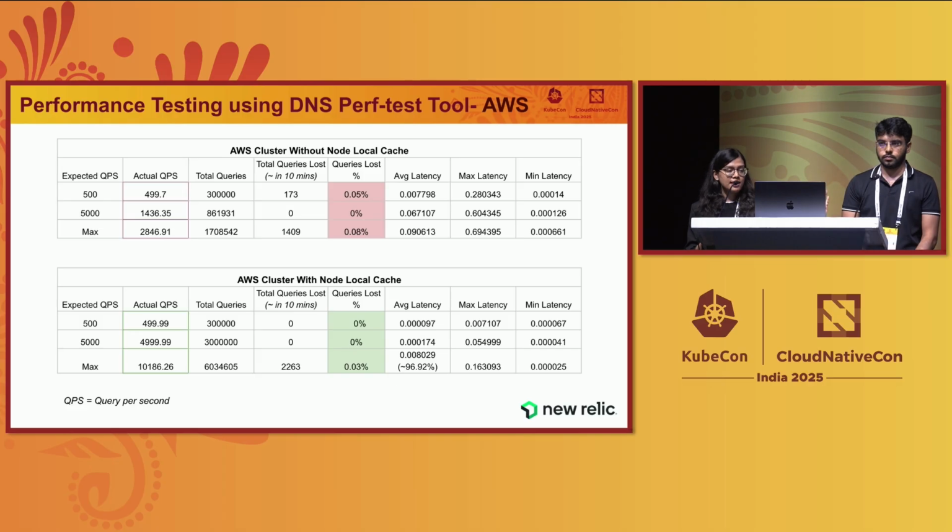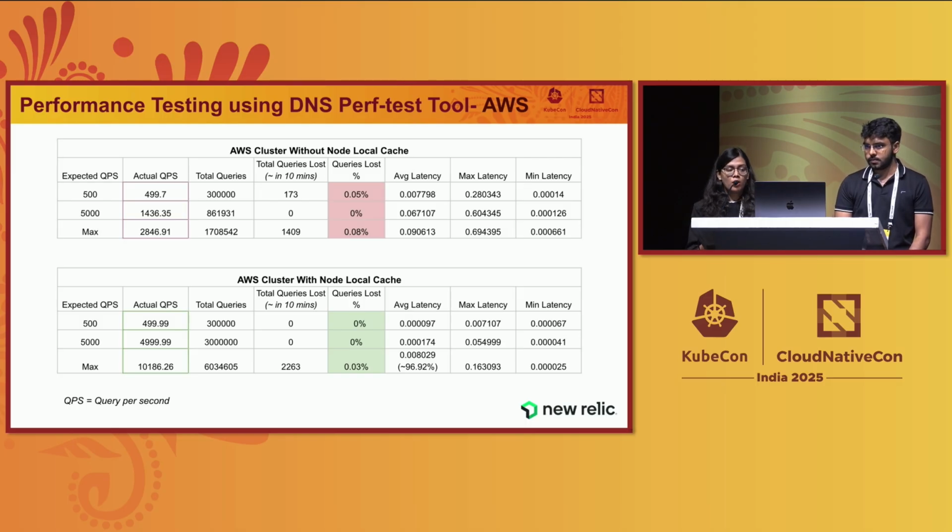This first slide shows the performance testing which we did in AWS using a DNS perf test tool. Here we tested under multiple QPS, or queries per second, scenarios: 500, 5000, and maximum QPS levels. Now let's see table 1, the AWS cluster without Node Local Cache.